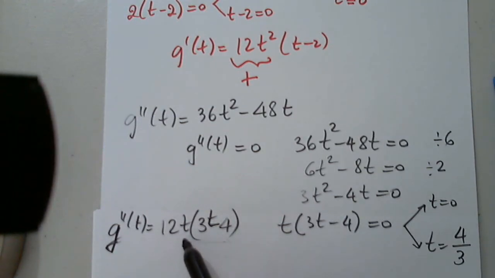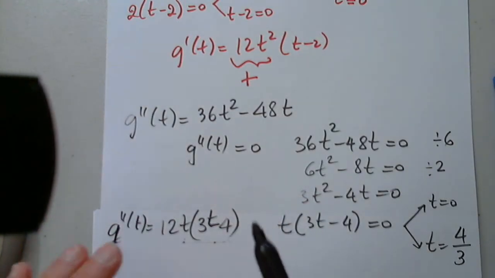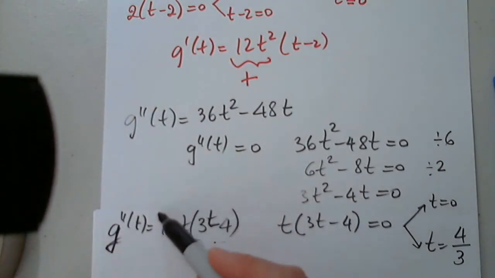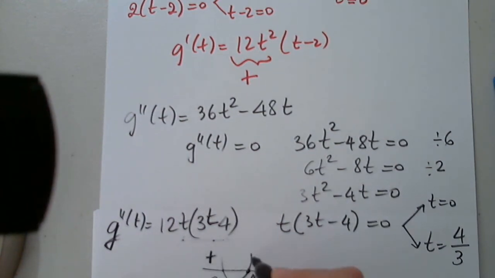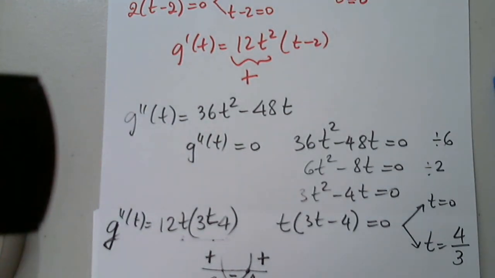Both factors. T can be positive or negative. 3t minus 4 can be positive or negative. But just remember, just imagine, if you imagine graphing this function, crossing at 0 at 4/3, you will realize that outside is positive and inside is negative, or plug in numbers.